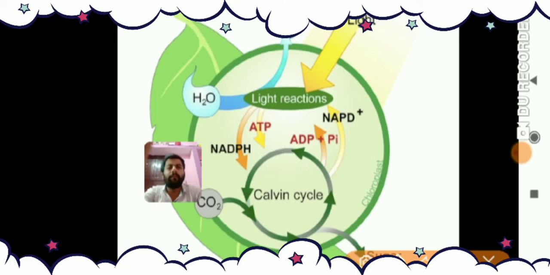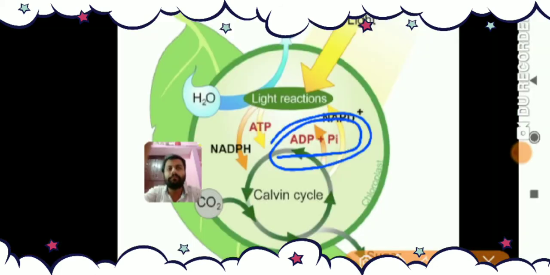when ADP combines with a single inorganic phosphate in the presence of sunlight, this process is known as what? Photophosphorylation. This process is known as what?